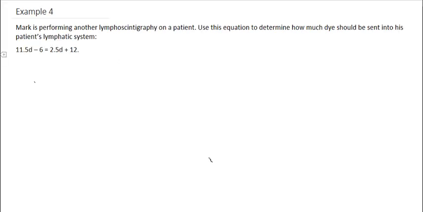Example 4. Mark is performing another lymphoscintigraphy on a patient. Use this equation to determine how much dye should be sent into his patient's lymphatic system. So let's go ahead and rewrite this.